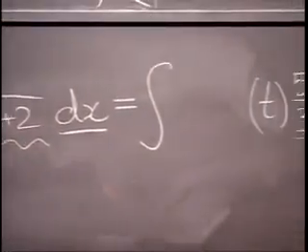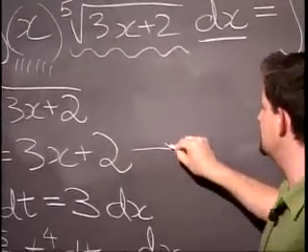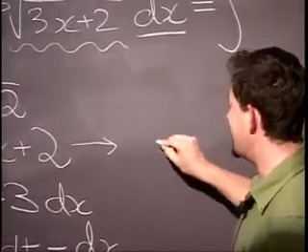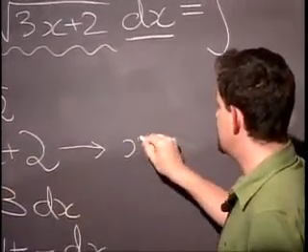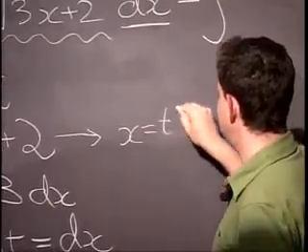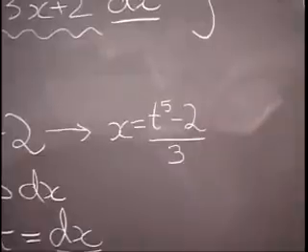We've got to migrate that factor of x over to t-land. But that's okay. We can take this equation down here and solve for x just by subtracting 2 and dividing by 3. And if you do it, you'll find x is t to the 5 minus 2 divided by 3.